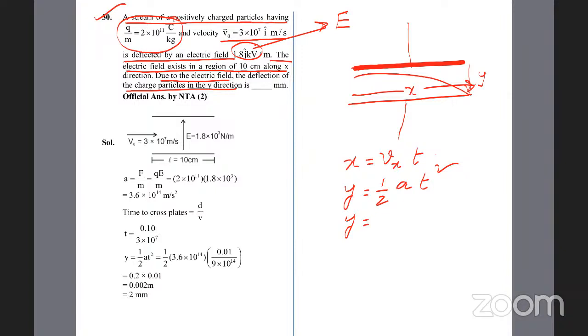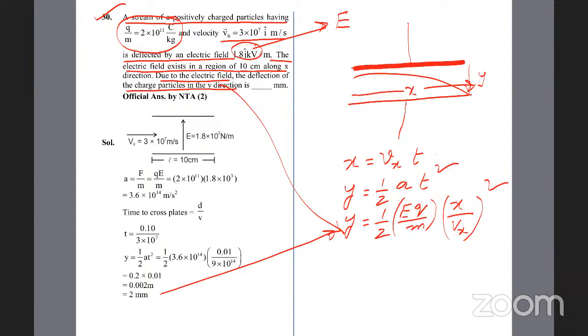So y is equal to half, a is electric force divided by mass, because the electric field is acting along y direction. t is x by Vx, whole square. This y is called deflection. So the y direction deflection is 2 mm.